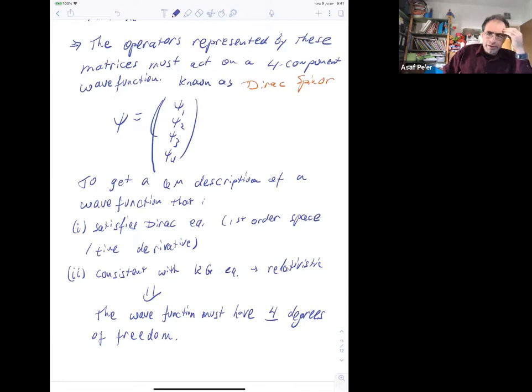Now, just as a comment, remember that the particle is massive, so we had 3 alphas and 1 beta. Now, if the particle was massless, then we had 1 less degree of freedom, so we just need 3 matrices. So we can have a representation using 2 by 2 matrices of a massless particle.